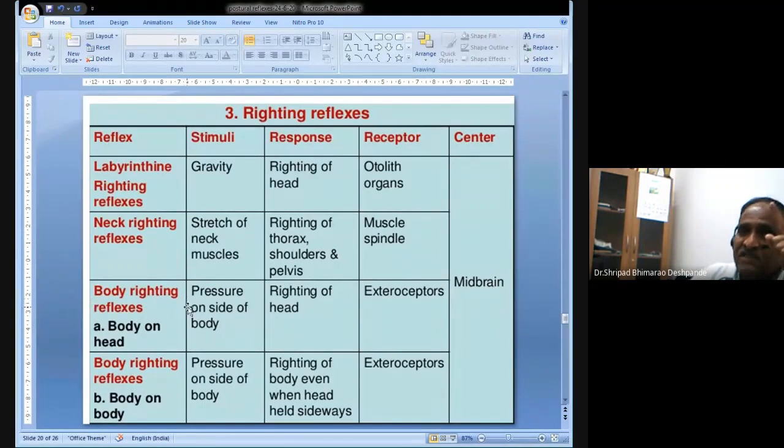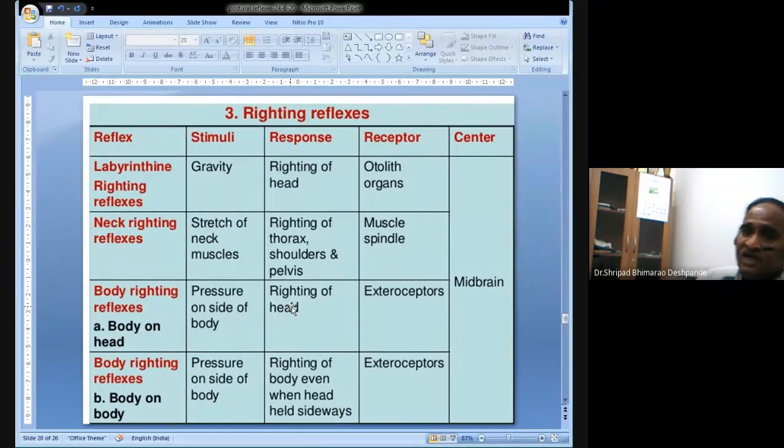The body righting reflexes: body on body, body on head, body on neck. Usually we can also classify the neck righting reflexes on the head, and neck righting on the body and the extremities. Now the body righting reflexes, body on head. That means the pressure on one side of the body tries to orient the head.